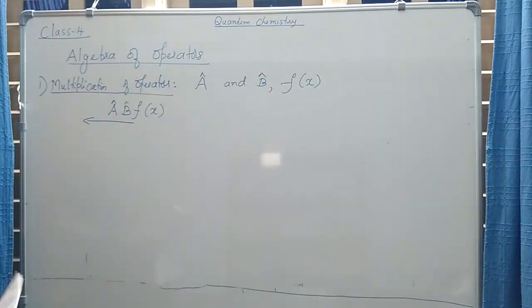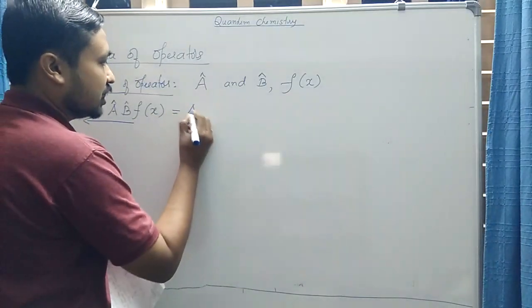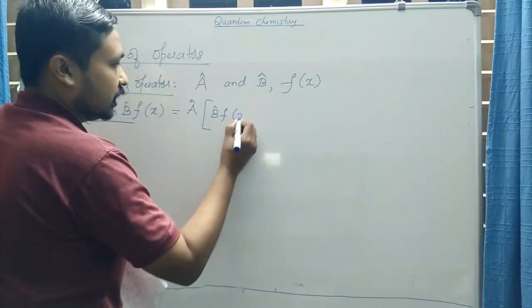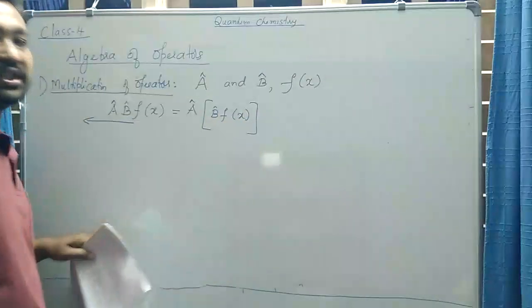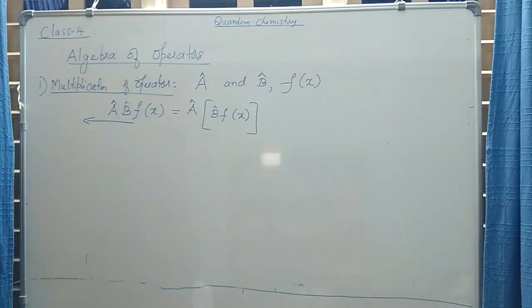So let us define (A into B) of f of x as nothing but A of B of f of x. This is the definition of multiplication of two operators.